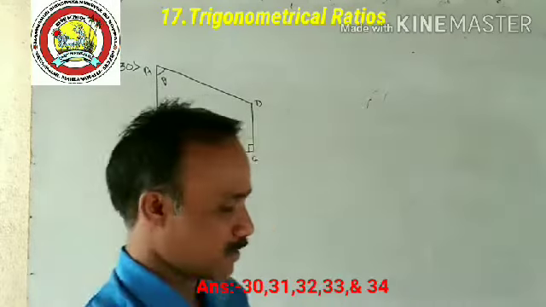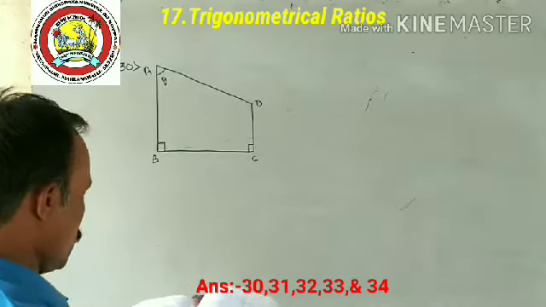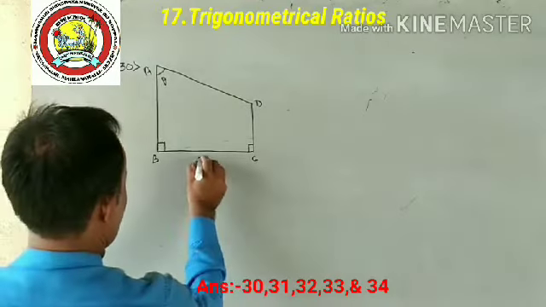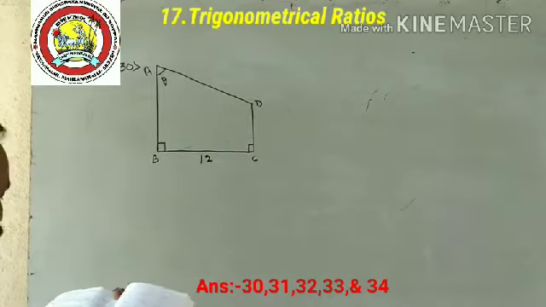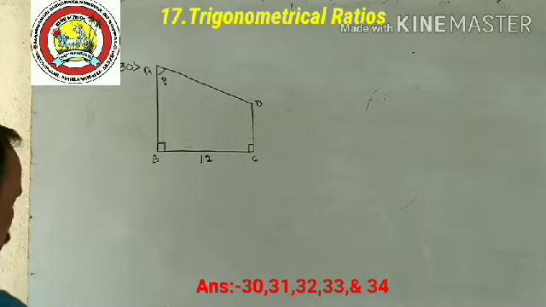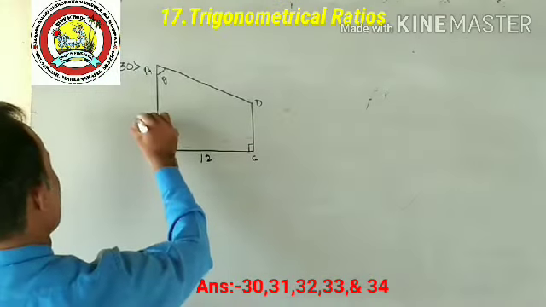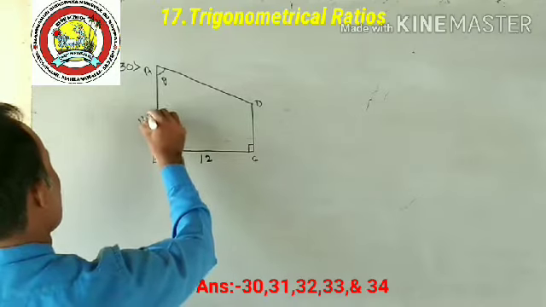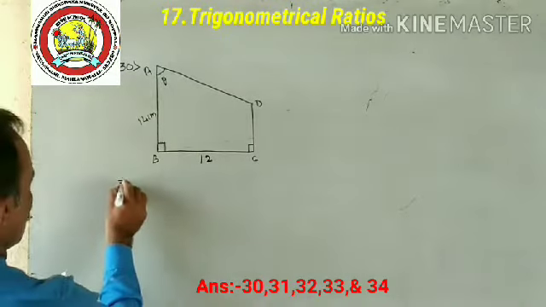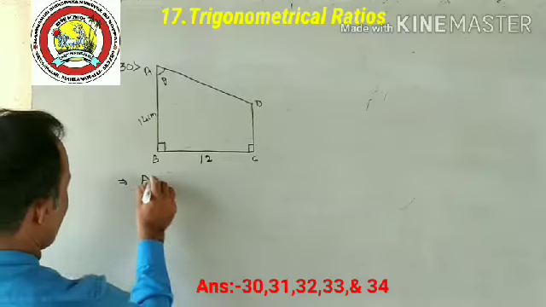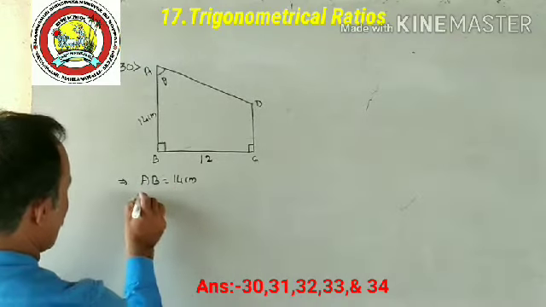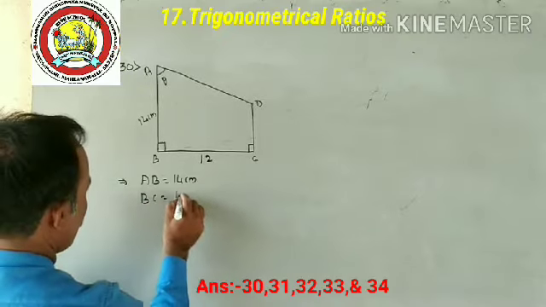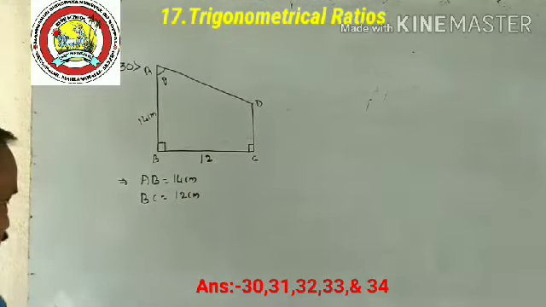Now some measures: BC is equal to 12 centimeters. Next AB is equal to 14 centimeters. I will write one by one here. So AB is equal to 14 centimeters. BC is equal to 12 centimeters.